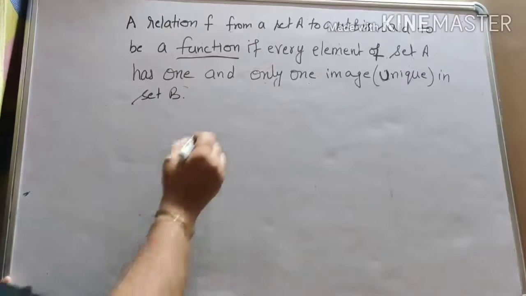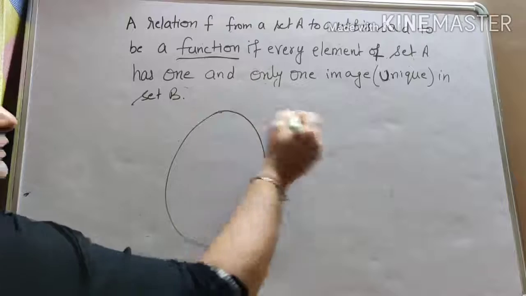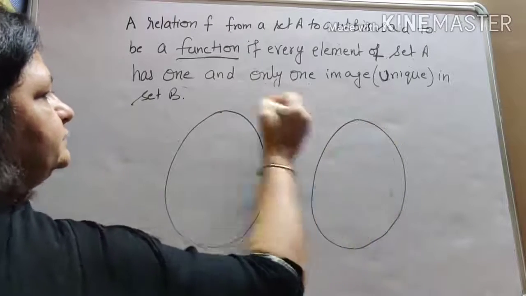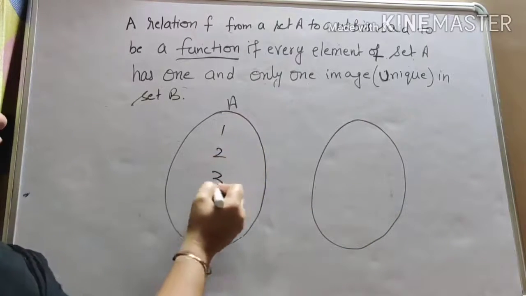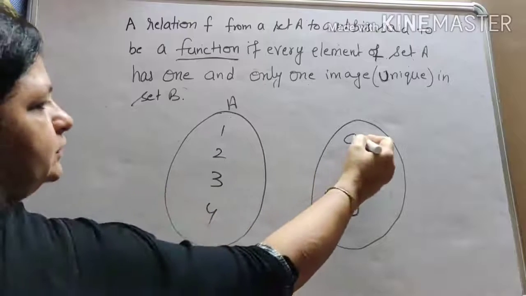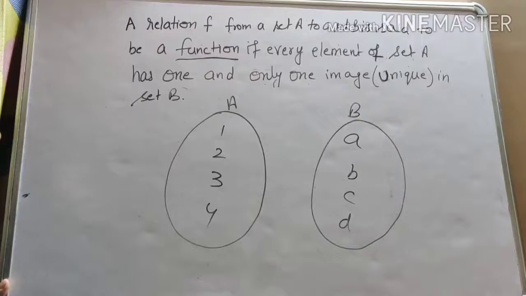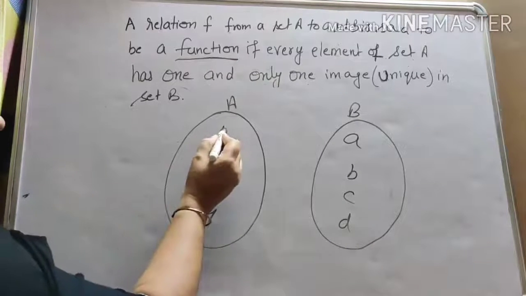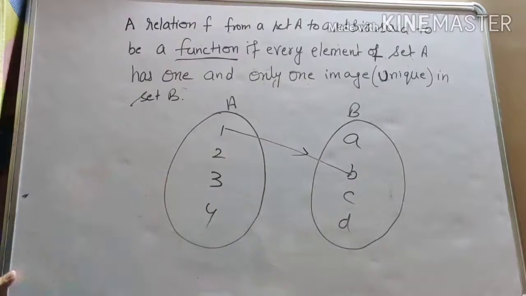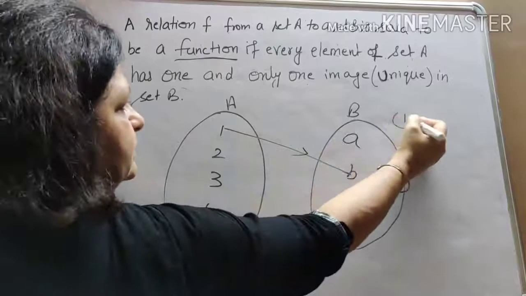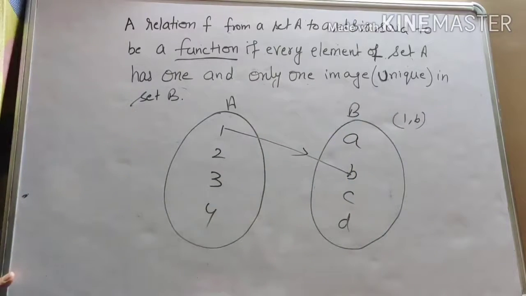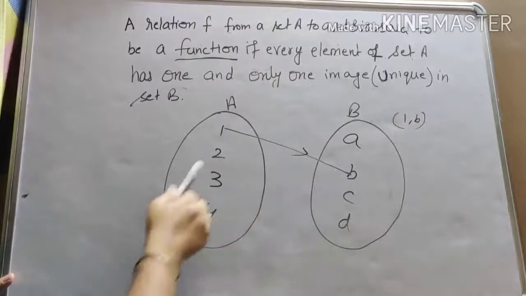Let's take one more example. Elements of set A are 1, 2, 3, 4 and elements of set B are A, B, C, D. Now, if 1 is related to B, it means 1 has B as image.